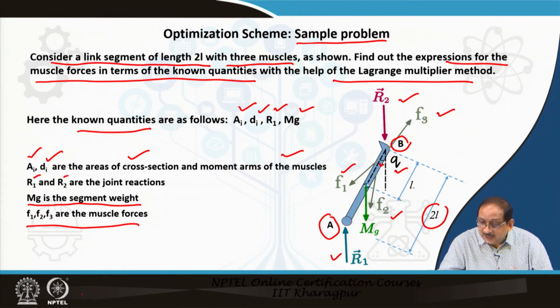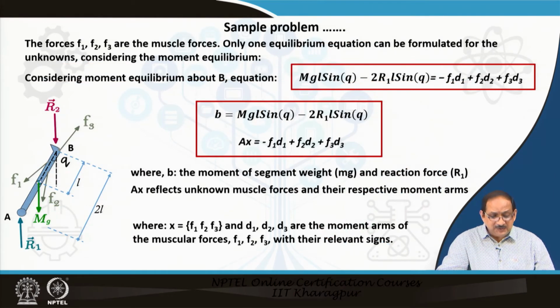The length L is the distance of the center of gravity of the link from the end B. The forces F1, F2, F3 are the muscle forces as already indicated in the earlier slide.